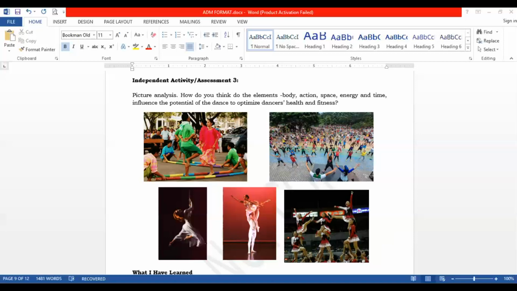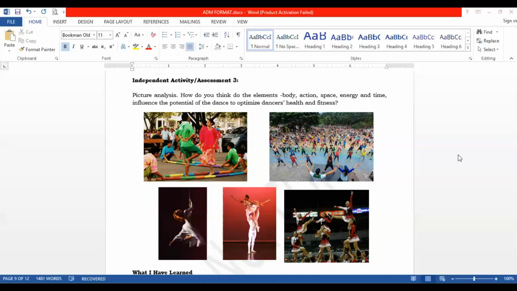So this is the independent activity and assessment 3. Here in this activity and assessment, I let the students analyze how the elements influence the potential of the dance to optimize the dancer's health and fitness.